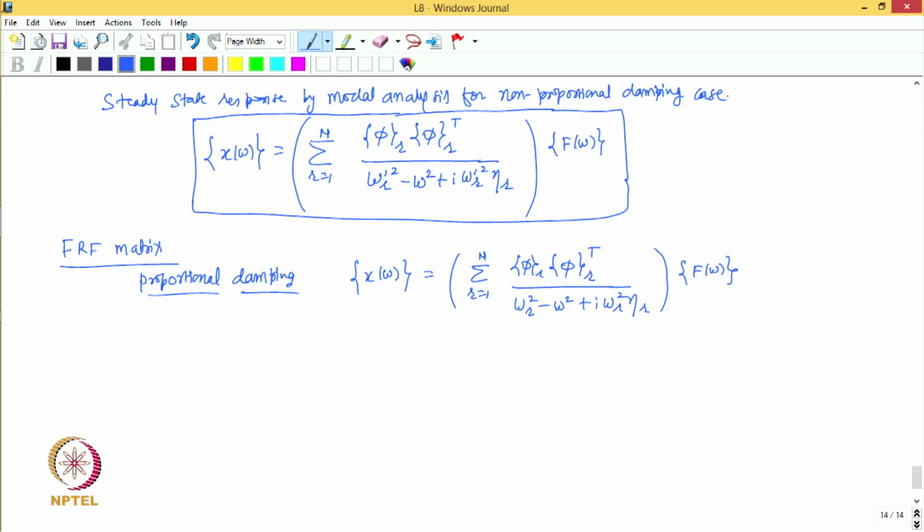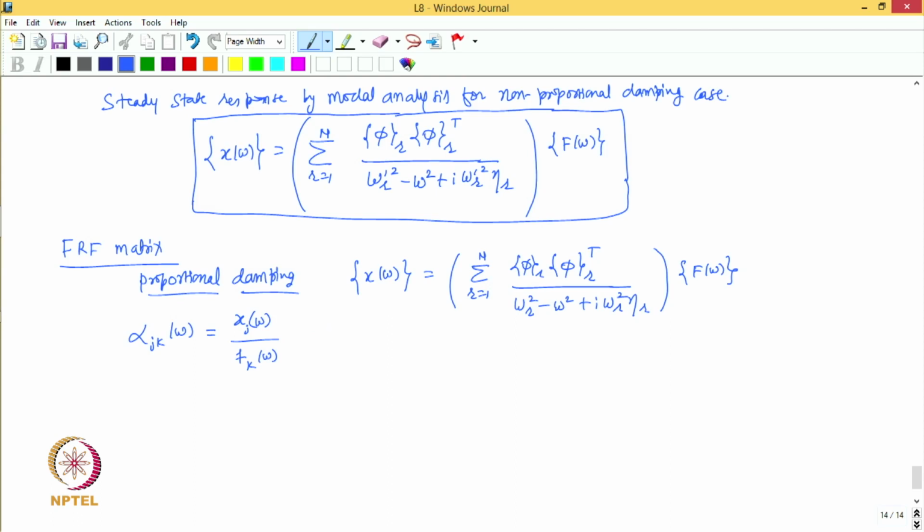Now, if I am interested in finding the FRF alpha j k of omega, alpha j k of omega basically means the response amplitude at the jth coordinate divided by the amplitude of the harmonic force applied at the kth coordinate, with no force applied at the remaining degrees of freedom.